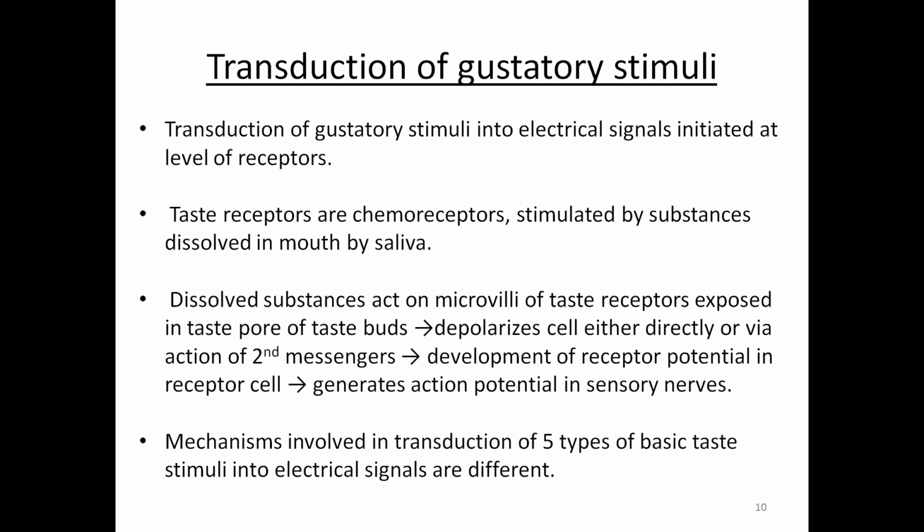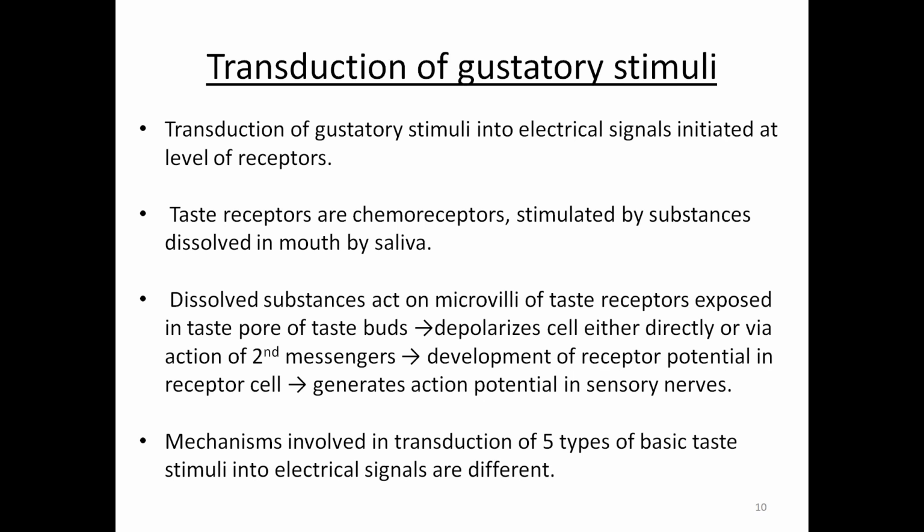The dissolved substances act on microvilli of taste receptors exposed in the taste pore of taste buds. This interaction typically depolarizes the cell either directly or via action of secondary messengers. This causes development of receptor potential in the receptor cell, which in turn generates action potential in sensory nerves.